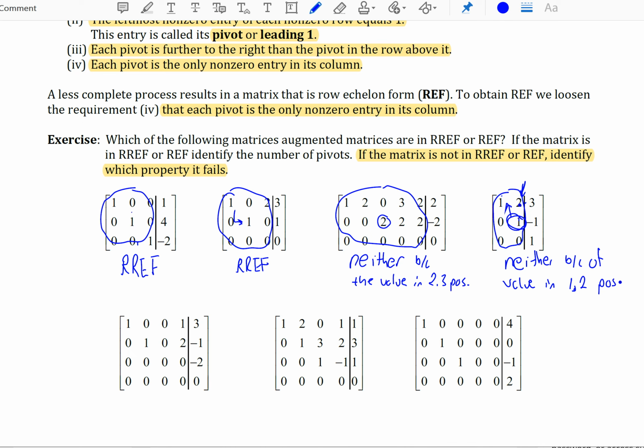Okay, this one. Again, we're only looking at the coefficient matrix here. I would say this one is in RREF. Again, just look at the coefficient matrix.